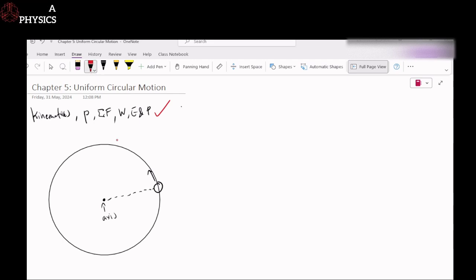Now, if you take a line from that axis to one position of the object, and then a few seconds later, it might be somewhere here, and again, you draw another line from the center, that angle is what we call, first one, angular displacement.